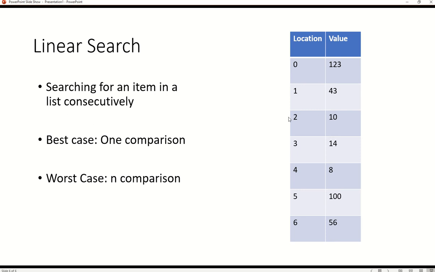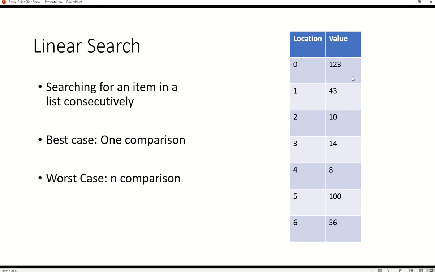So you can see there, to get to 10, we had to do 1, 2, 3 comparisons. We have to count the last one because we have to compare it to know that we've got there. And you can also already see that, let's assume that we wanted to find the number 103 or 123, you would only need to do 1 comparison. So the best case is 1 comparison, if you're lucky enough for that item to be right at the start of the array or list you're searching.